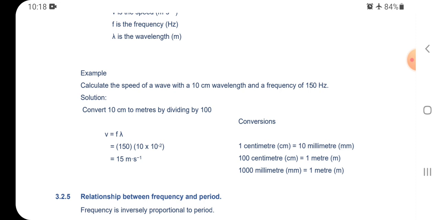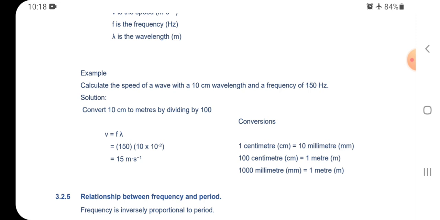So there we have: calculate the speed of a wave with a 10 centimeter wavelength. So we're looking for speed. Speed is v. The wavelength is 10 centimeters.